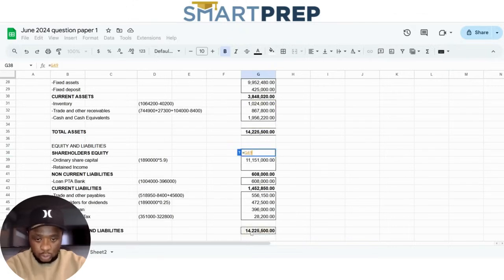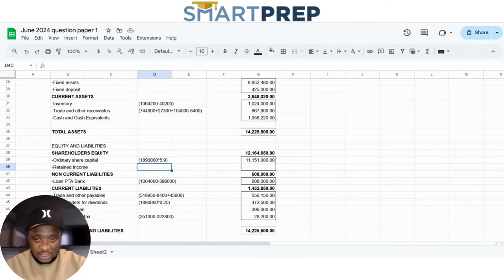So we're going to say 14 million minus the 1.4 million, and then minus the 608,000. And so that gives us a total of 12,164,650 in respect to ordinary shareholders' equity. All right. Cool.